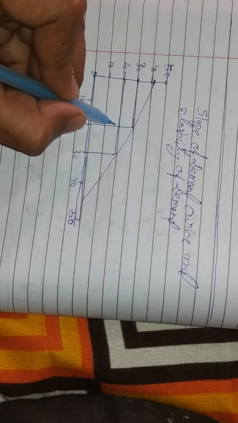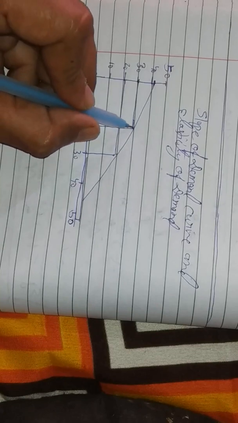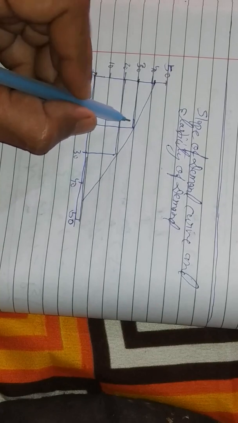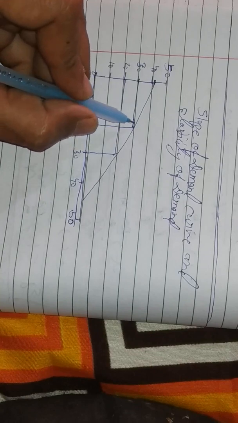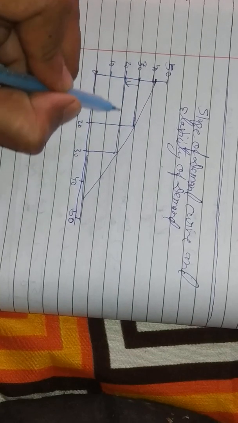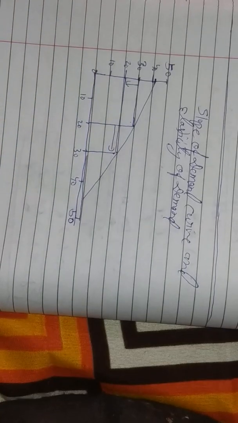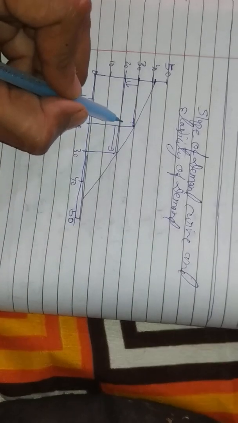And what does it show? It shows that as the price increases from 20 to 30, what is the difference between the prices and what is the difference between the quantities?